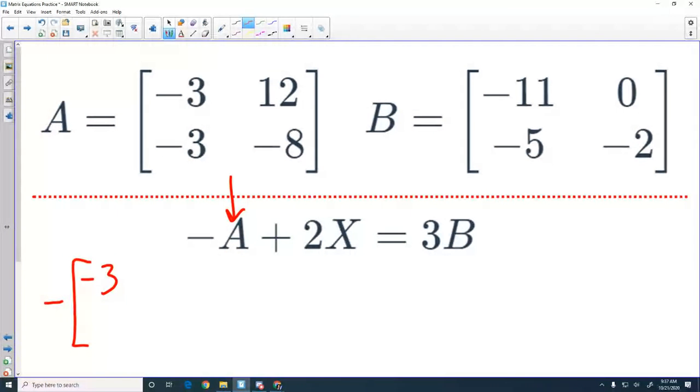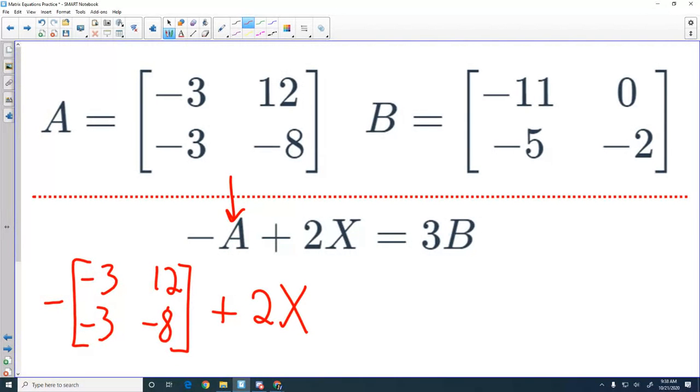So we have a negative 3, 12, another negative 3, and a negative 8, plus 2 times x. Now, x is our variable, that's our unknown. We don't know what it is, that's what we're solving for. So we're going to want to get x all by itself. That's going to be our focus for solving this equation.